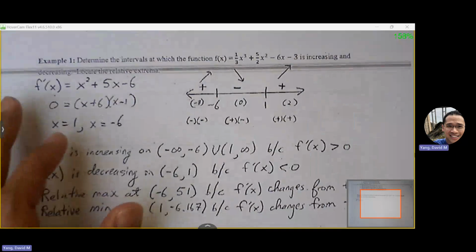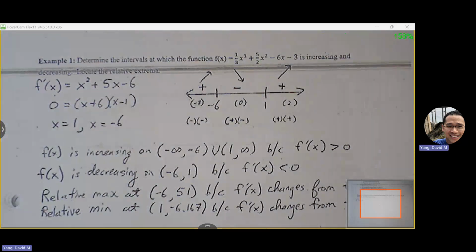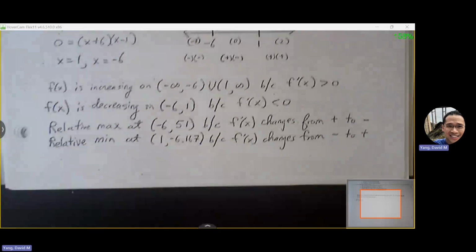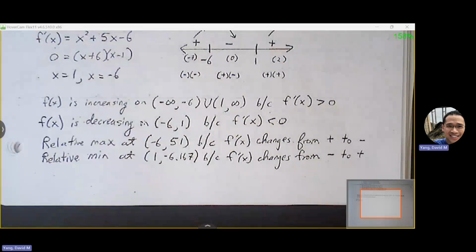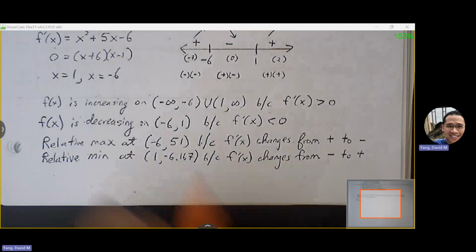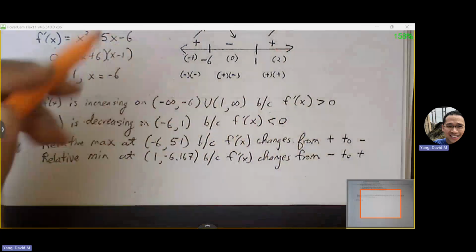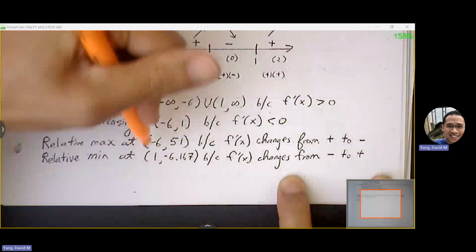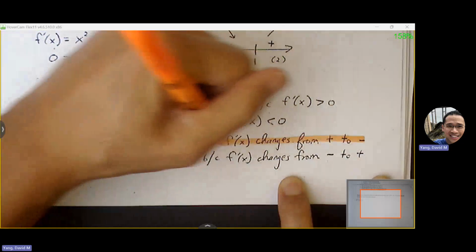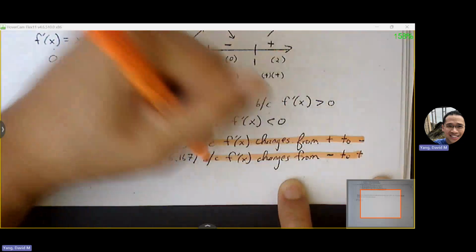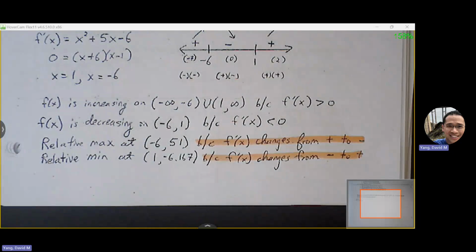I do want to highlight a couple spots on the quiz and test. Even though I would say justify with because statements, I think students tend to be pretty good about increase, decrease. But for some reason, maybe because it's an ordered pair, a lot of students want to leave these out. So be sure that your because statements are not only for increase, decrease, but also for relative max and relative min.